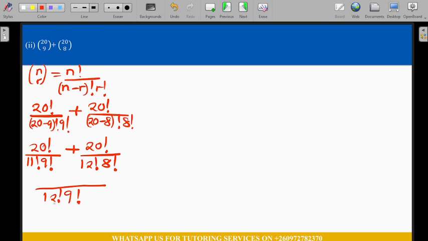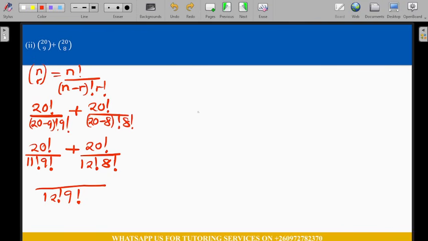So the secret is when you say 12 plus 9, we get 21. On our numerator we have 20 factorial, so when you add the denominators and ignore the factorial, you should get 21, because after 20 you have 21. If you are getting 20, it won't work out. So that's the correct common denominator now.